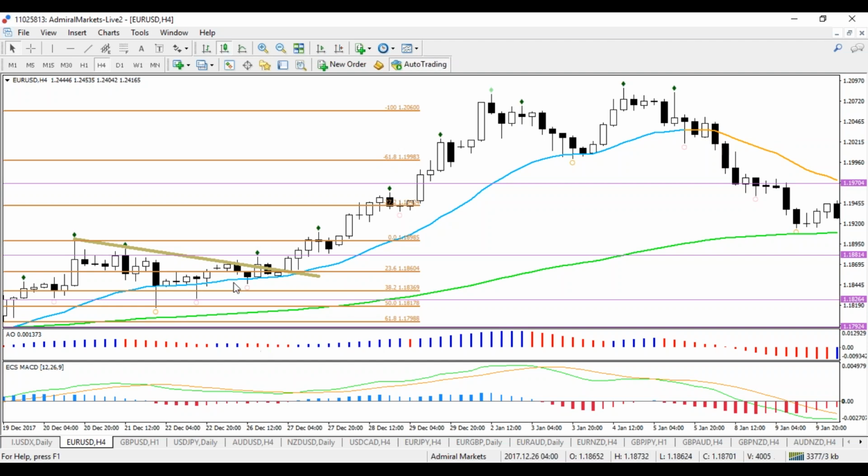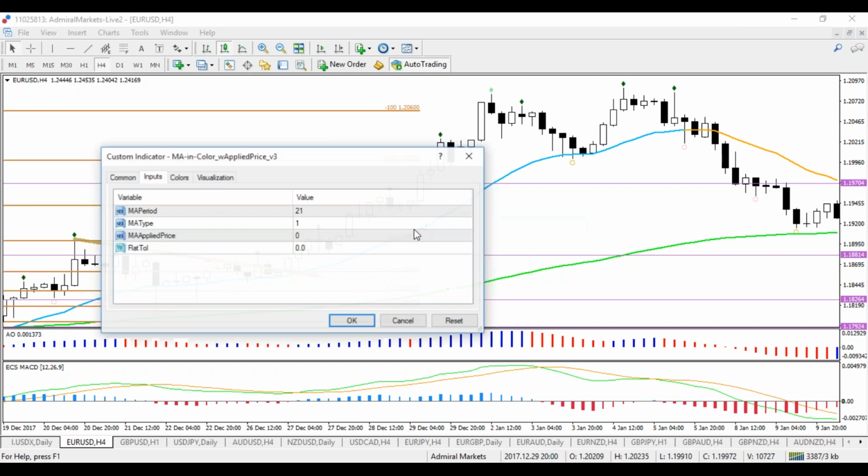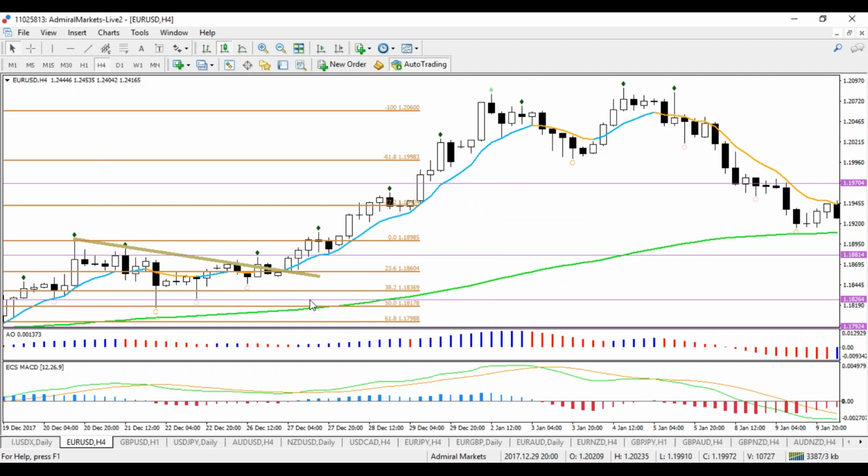Or we can use a moving average to ride along these moving averages, these candles right below it. If it breaks through the ADMA, it could be also a good trail stop loss. So moving averages, good for trail stop loss.